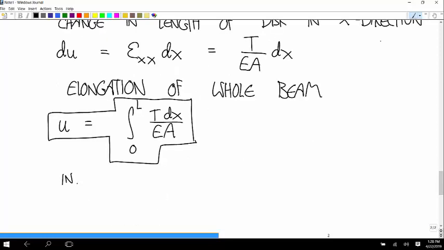That's the integral definition of the elongation.